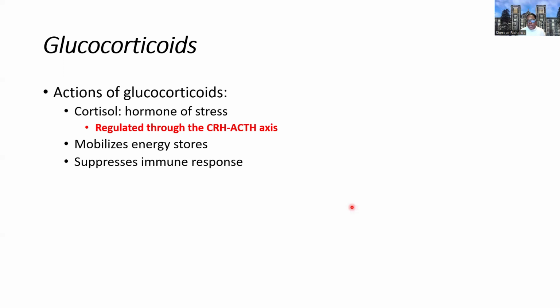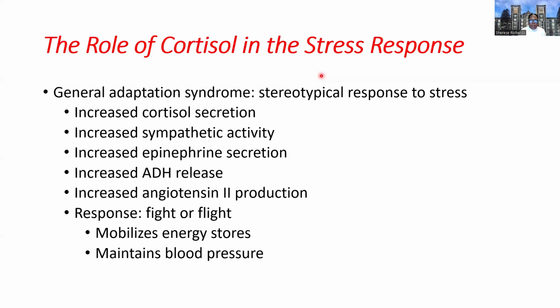This is where we usually give patients that have inflammatory conditions or just an overactive, hyperactive immune system. We typically give steroids to help dampen the immune response. Similarly, after certain types of surgery, if there's an exaggerated immune response, we give steroids to dampen that as well.